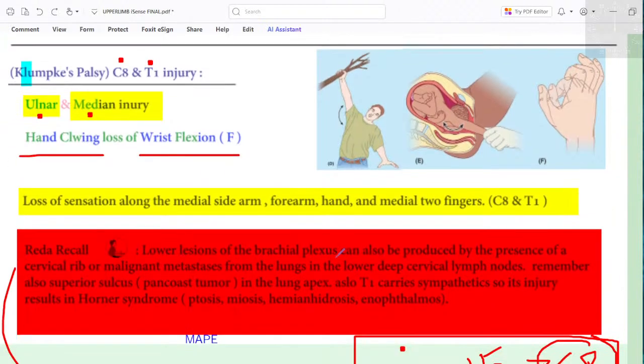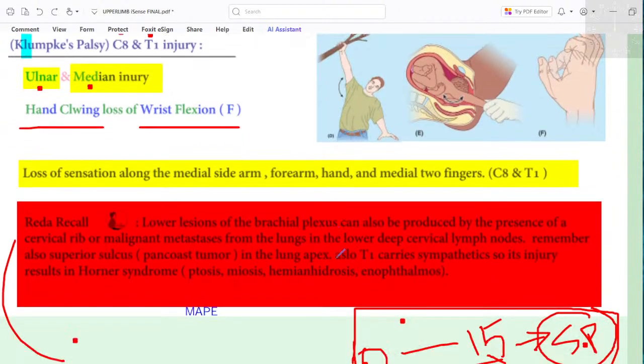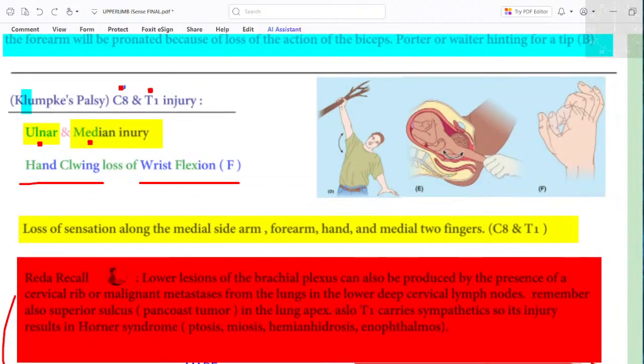Now, Klumpke's palsy. In Klumpke's palsy there will be C8 and T1 injury. It usually happens over stress. If the shoulder joint is overstressed, like someone hanging and the whole body weight is transmitted through the shoulder joint, due to the overstress the lower part, that is C8 and T1, will be impaired.